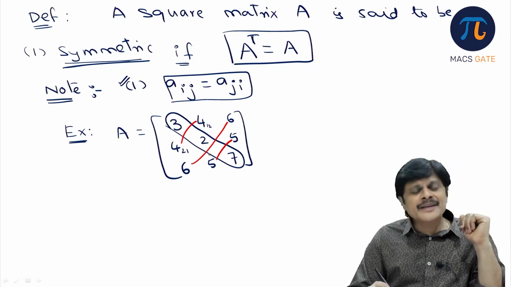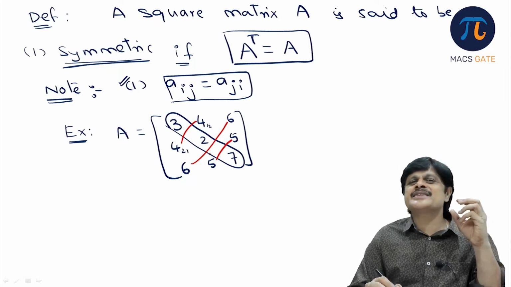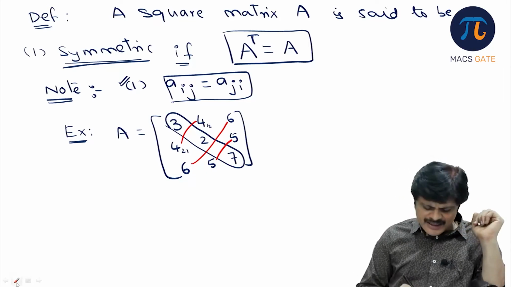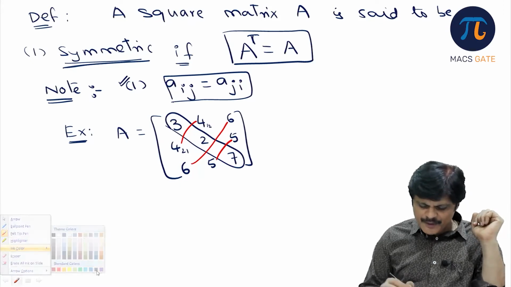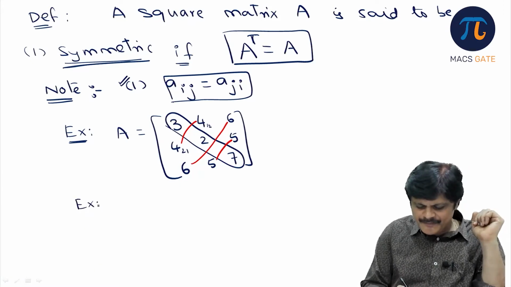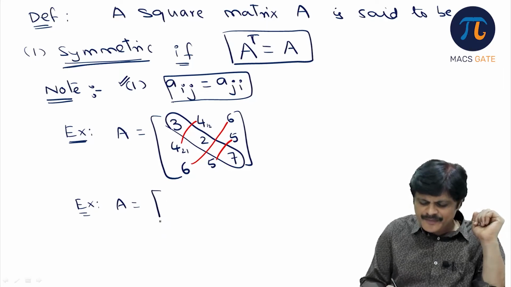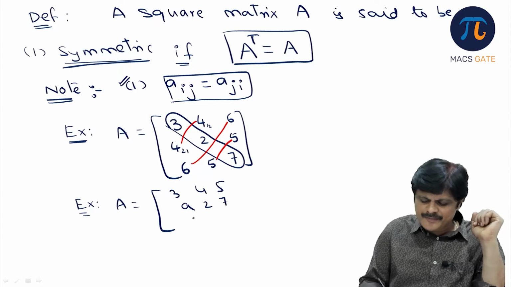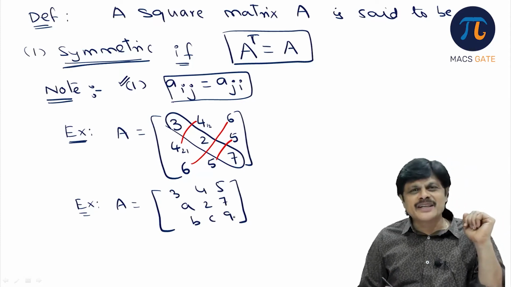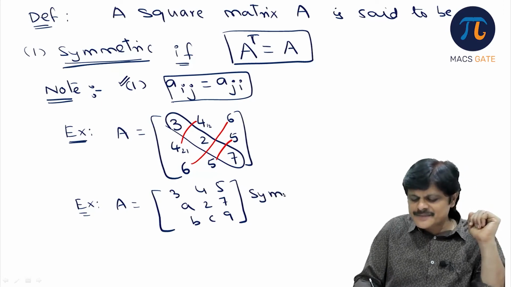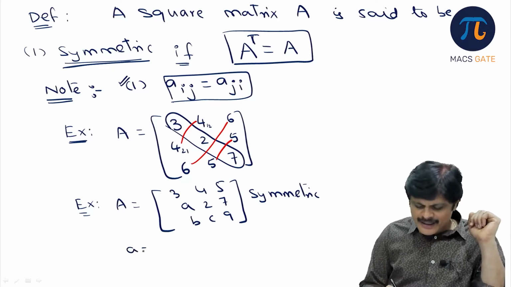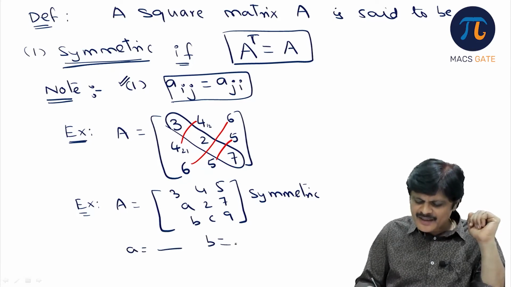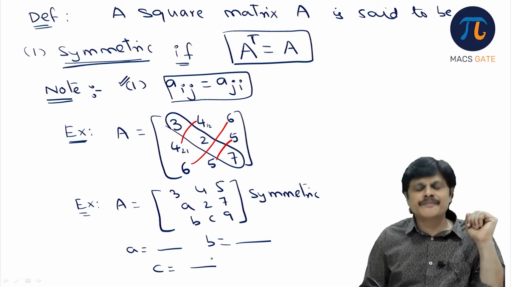You can easily verify whether given matrix is symmetric or not with this method. I'll just quickly give you one more simple example to fix this idea. Suppose I given this matrix and I said that this is symmetric. You need to find A, B and C values.